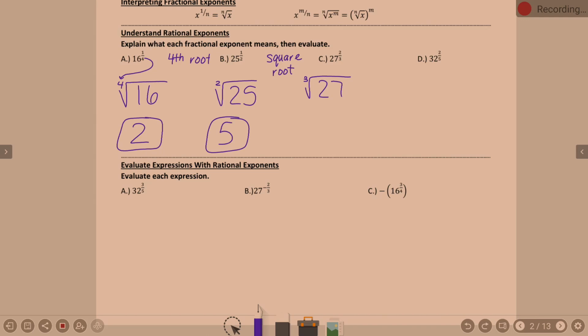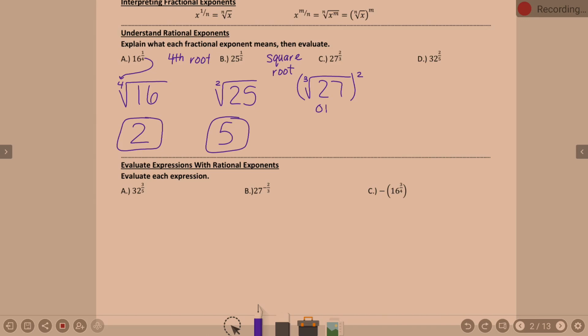Power 2. And then that 2, here's the deal. The other ones just had 1, so I ignored them, didn't I? This one has a numerator of 2. So that 2 means we're going to do it to the power of 2. Now, I wrote it that way with parentheses, but here's another way I can write it.